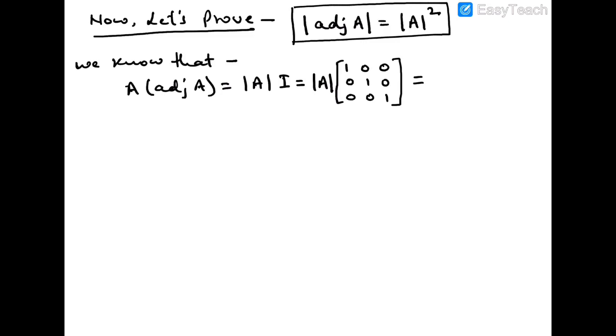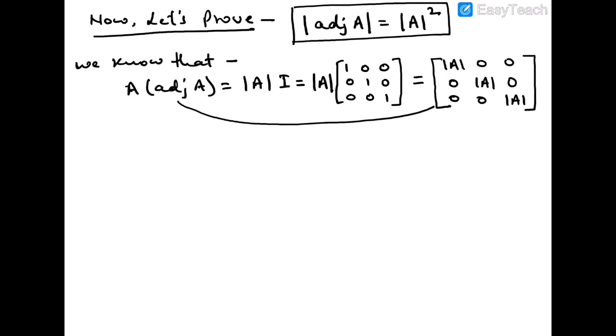Now since determinant of A is a scalar quantity, it will get multiplied with every element of the matrix, and we will get determinant of A 0 0, 0 determinant of A 0, 0 0 determinant of A.